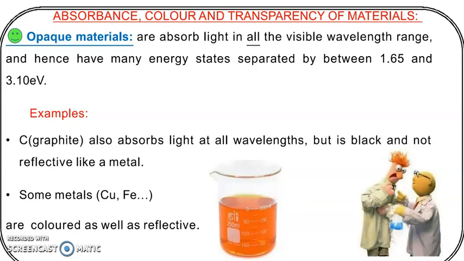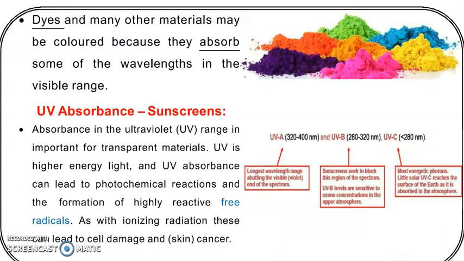For example, graphite also absorbs light at all wavelengths but is black and not reflective like an emitter. Some metals, copper and iron, are colored as well as reflective. You can see in this picture.